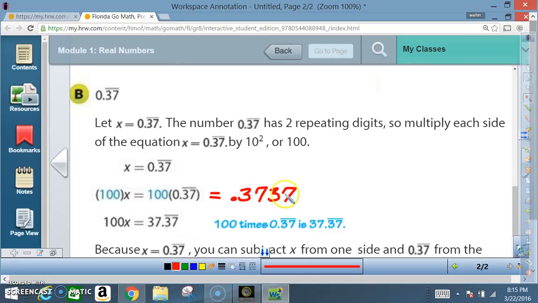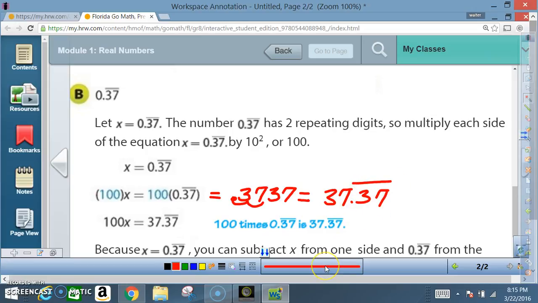Don't forget, 0.37 with the bar over it means that it's repeating. So you got 0.37, 37, 37. That would continue. But if you multiply this by 100, you would end up moving the decimal 2 places, 1, 2, which means you would end up with 37.37.